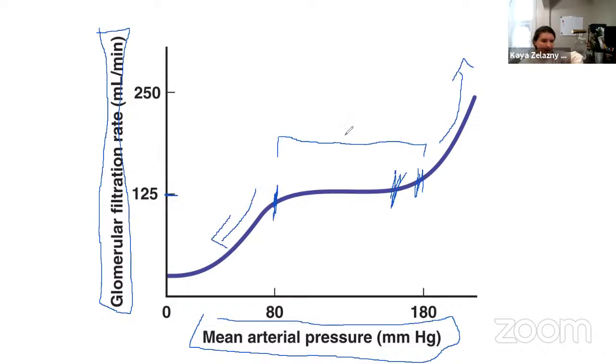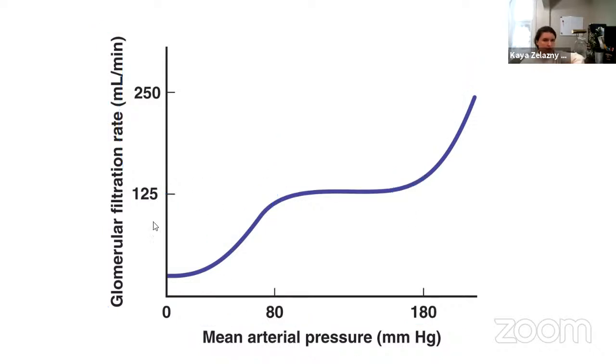These areas outside of this range are where our regulatory mechanisms have trouble, and we really have impacts on the filtration rate and therefore on fluid loss, creating a feedback loop on the arterial pressure due to the effects on blood volume. So we can handle a number of pressures, but we want to stay in the middle here.